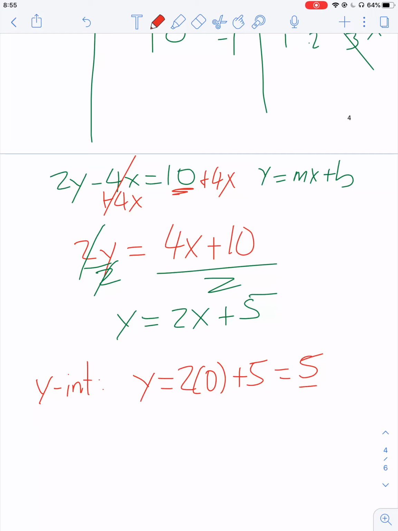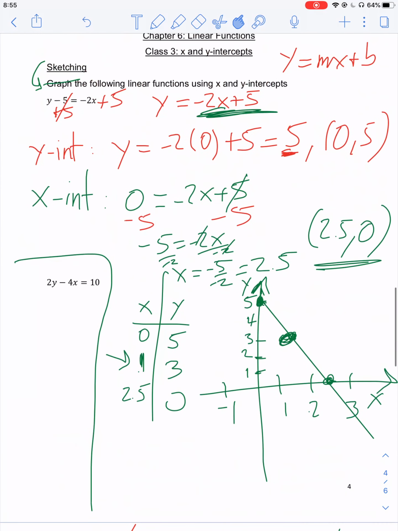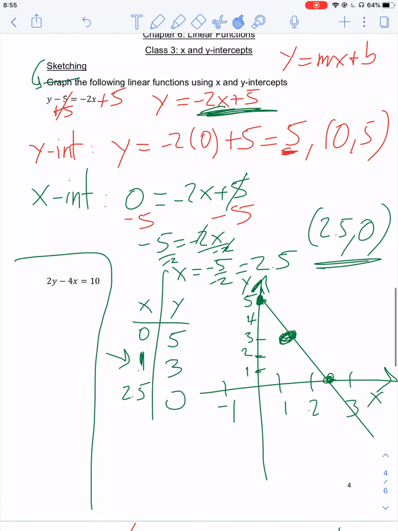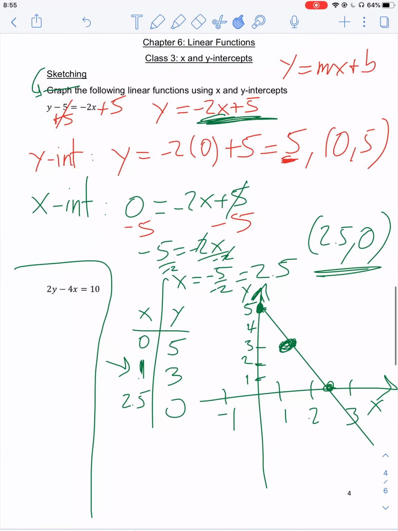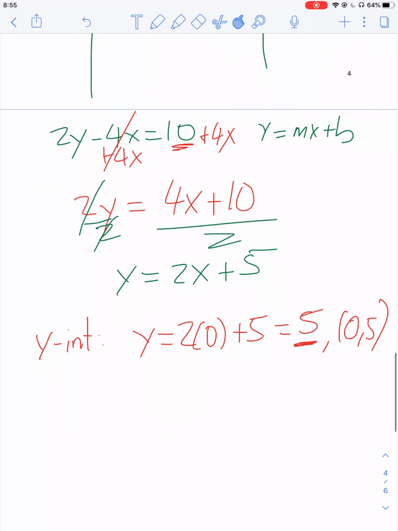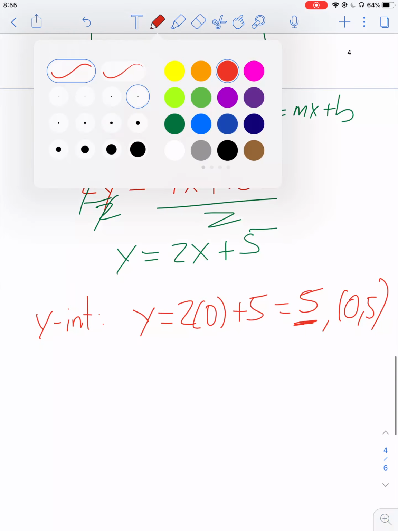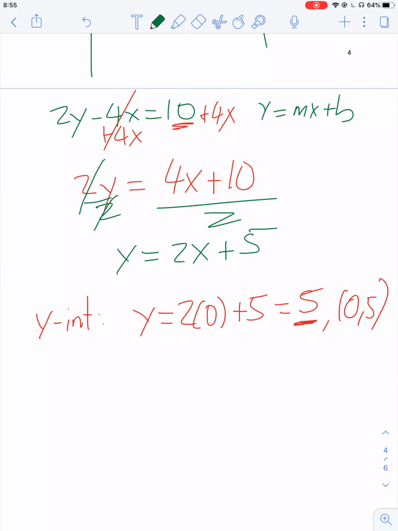So this is your y-intercept, but your coordinate, if you want, is when x is 0, y is equal to 5. And it seems like I have a very similar function to what I initially had. Maybe I should come up with better examples, guys, because it looks very similar to the one that you have on top.